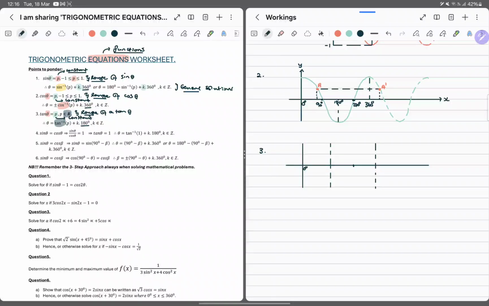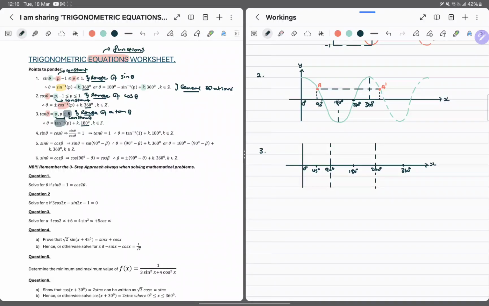Okay, so we know that this situation here, halfway, which is 45 degrees, this is going to be 90 degrees, and then we're going to have 180, and then this is going to be 270 degrees, and we end up at 360 degrees.